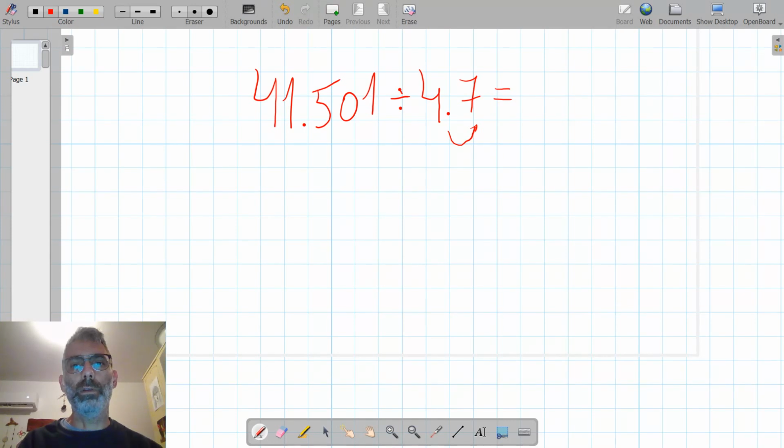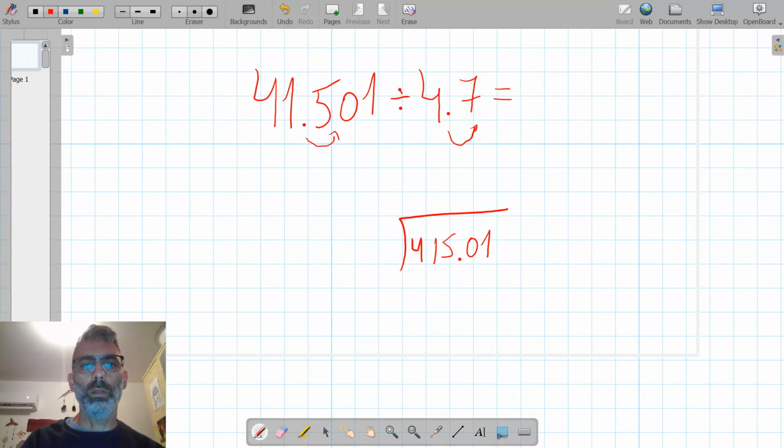so I have a divisor as a whole number. It means that I multiply the divisor by 10, so I do the same thing to the dividend. So I have the following problem: 415.01 divided by 47.